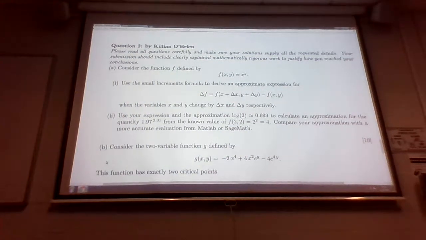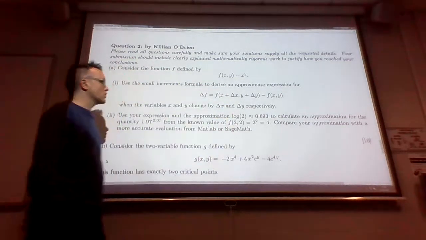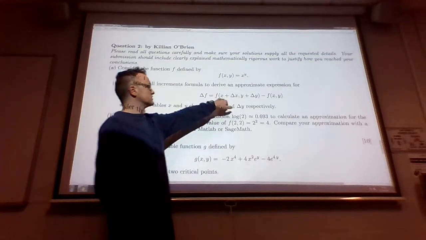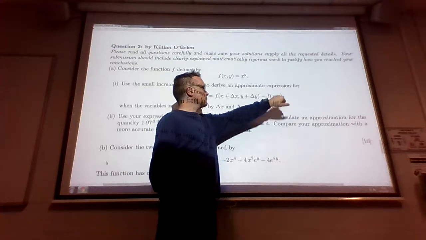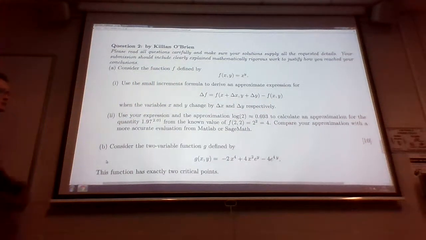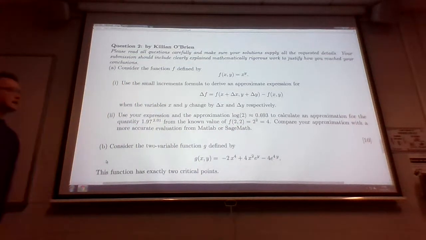Okay? So the first part just asks you to produce the small increments formula applied to this quantity, delta f, which is the difference in values between f at some base point xy and f at some change point. And then to apply that in the case of the base point.